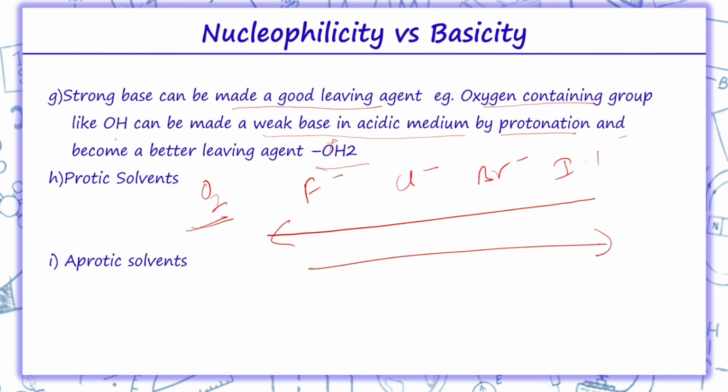Aprotic solvents are polar solvents that don't have a hydrogen atom, like N,N-dimethylformamide and dimethyl sulfoxide. These are not capable of forming hydrogen bonds, therefore we call them aprotic solvents.